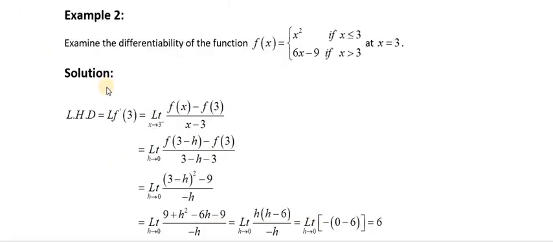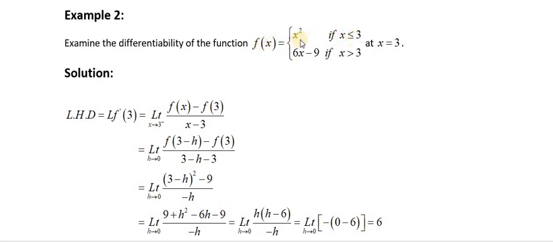Now concentrate on the second problem. Examine the differentiability of the function f of x. Here also they have given two functions for f of x. f of x value is x square if x is less than or equal to 3.